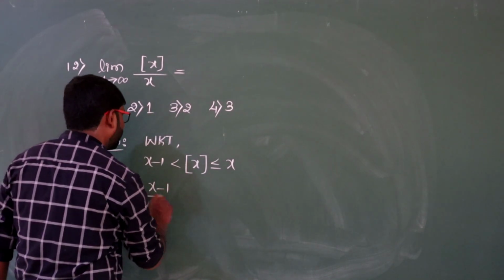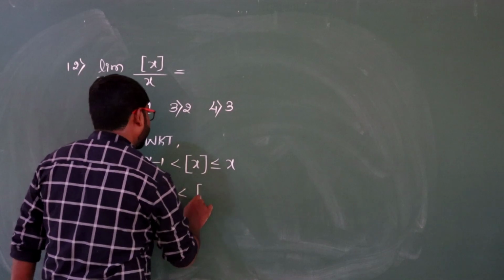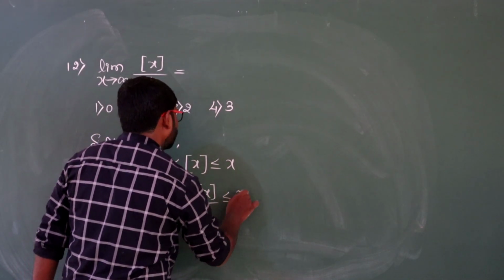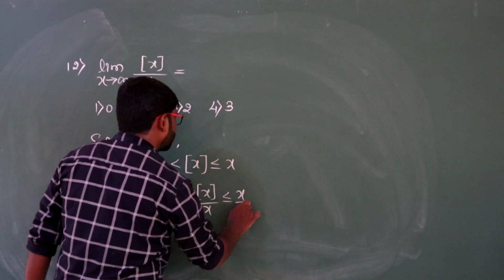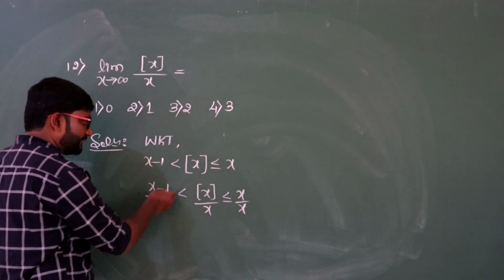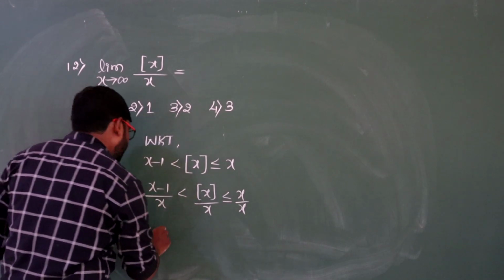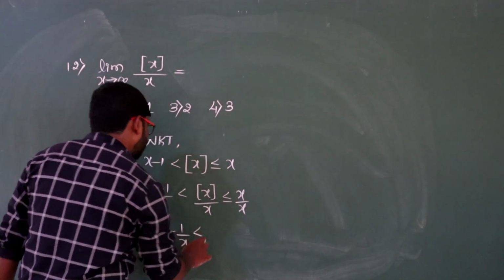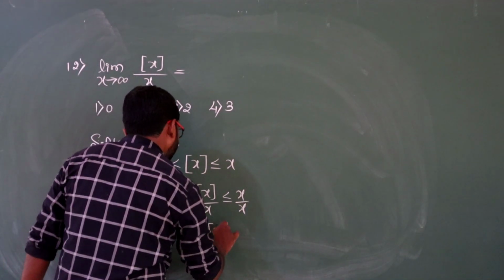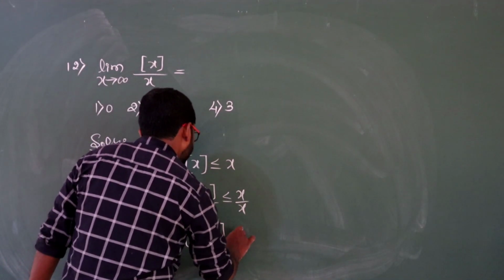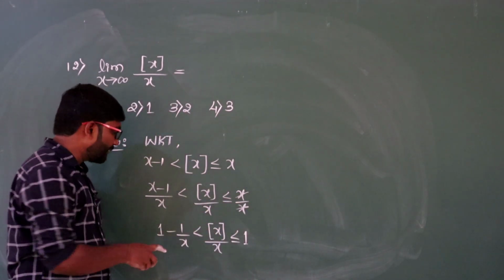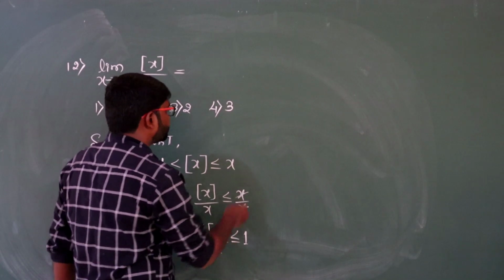x minus 1 by x less than greatest integer x by x, then less than or equal to x by x. Now split this into two terms. x by x it will be 1 minus 1 by x less than greatest integer x by x less than or equal to 1. x and x get cancelled, we get 1 here. Now apply limit for every term.